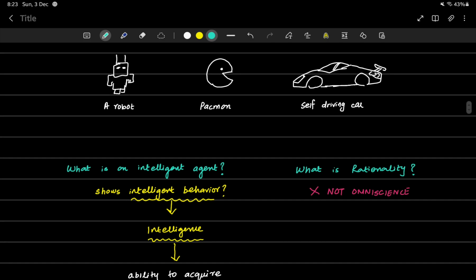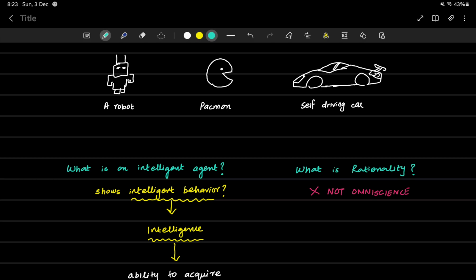Now a lot of you would be like, yeah, yeah, I know what intelligence is, why are you wasting time here? But if I ask you to define intelligence, let's say there's an alien that has just come into this world, and you have to define intelligence to them. How will you define it?